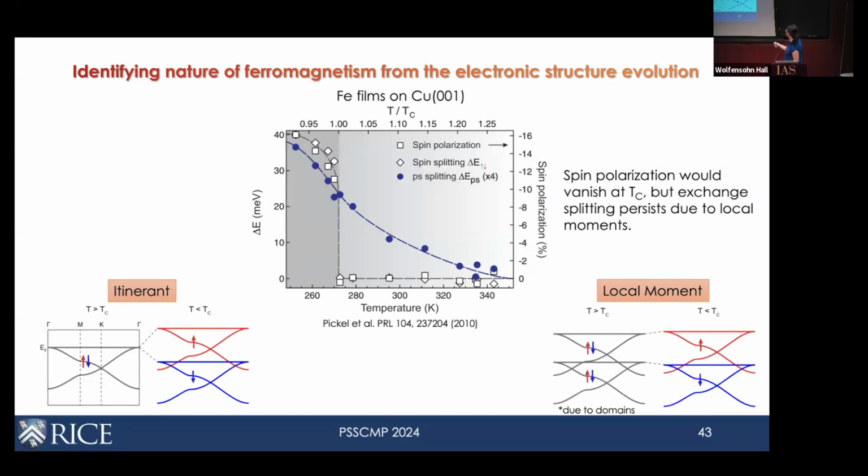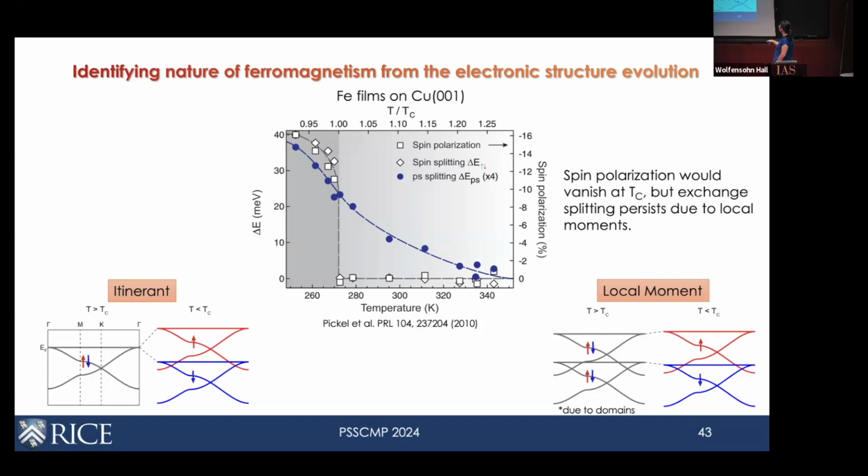For example, this is what's done on iron film, which many people consider to be itinerant. The white squares are a measurement of the spin polarization of the band, and the blue dots are a measure of the splitting of the two bands.